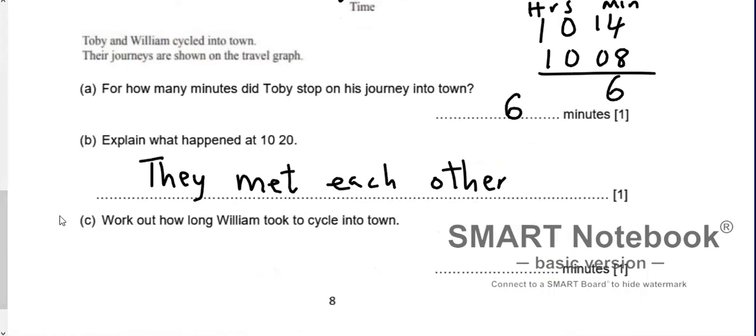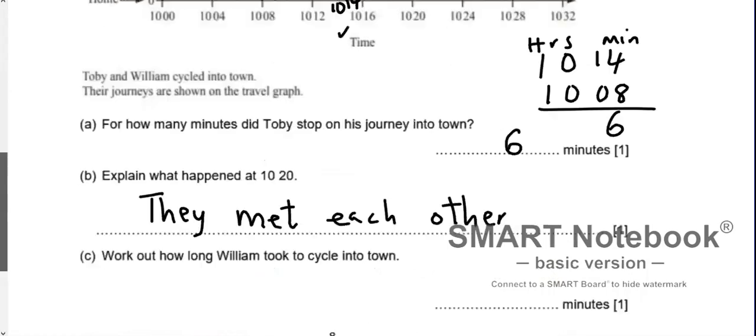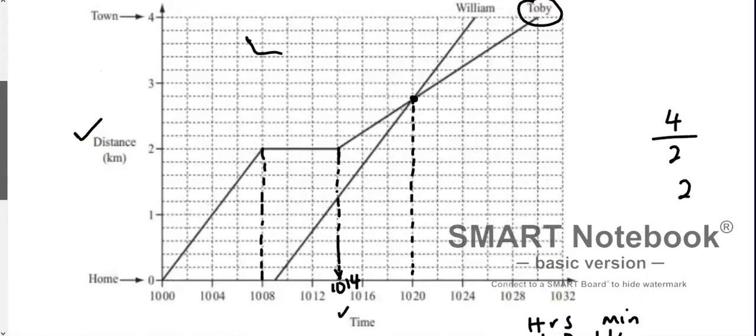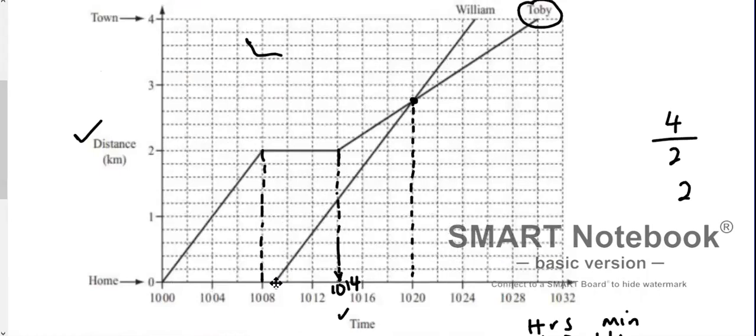Or in other words, at this point we can say William was overtaking Toby, because Toby started here and went all the way.